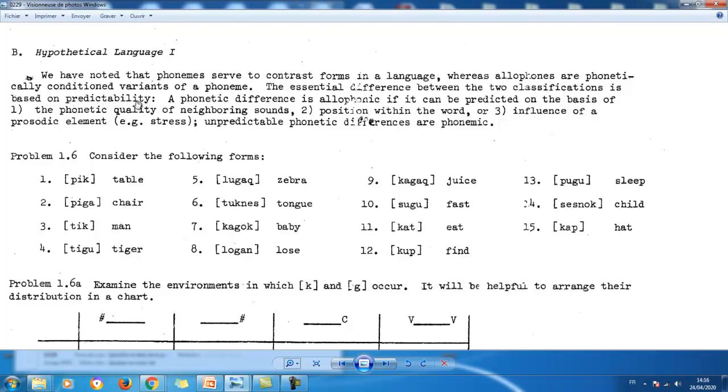Now, the essential difference between the two classifications is based on predictability. What do you mean by this notion of predictability? A phonetic difference is allophonic if it can be predicted on the basis of, number one, the phonetic quality of neighboring sounds. Let me just remind you of the concrete example that we have already dealt with. We said that t can be pronounced as a flap d.